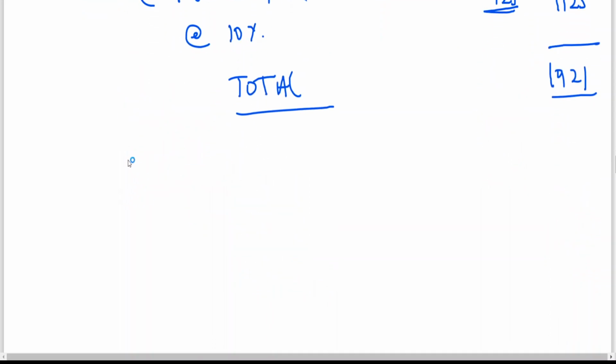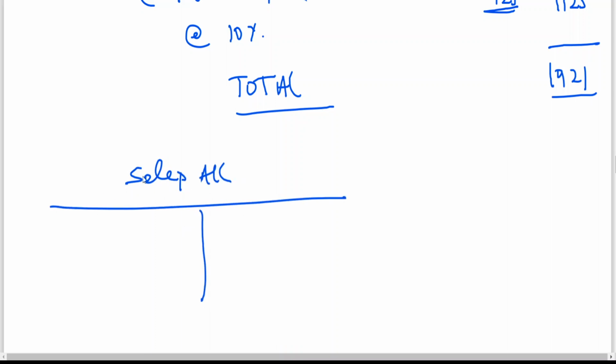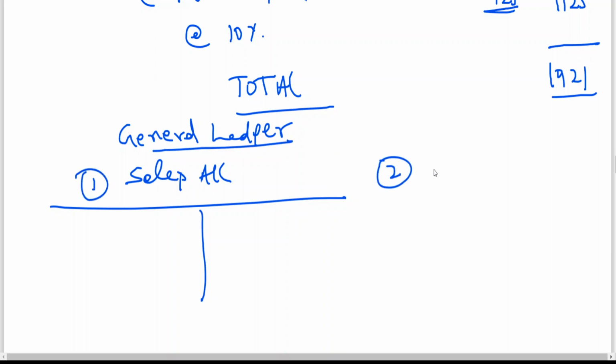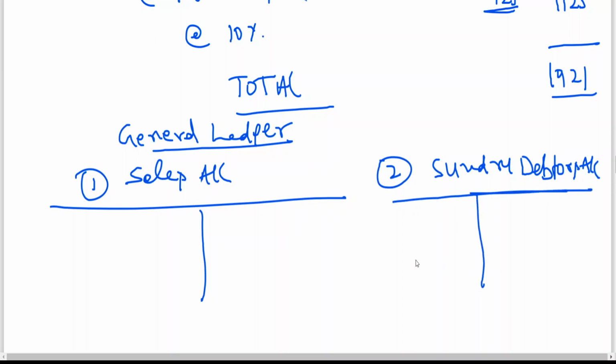I told you you'll be opening a sales account ledger. Now you'll understand better. I've been telling you, in the general ledger you are having two accounts: sales account, sundry debtors account.